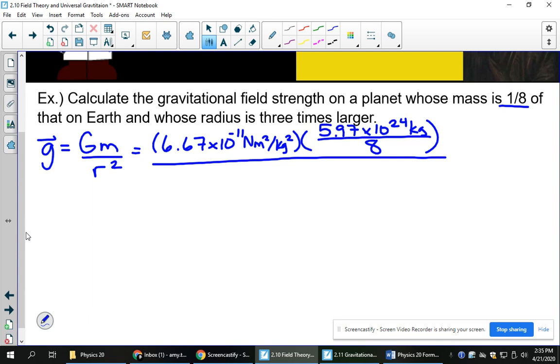Now we want to triple the radius so that it's 3 times larger. So the radius of Earth being that 6.37 times 10 to the 6 number, and we want to times that by 3. Now think about your bed mass. The radius of the planet we're talking about needs to be squared.